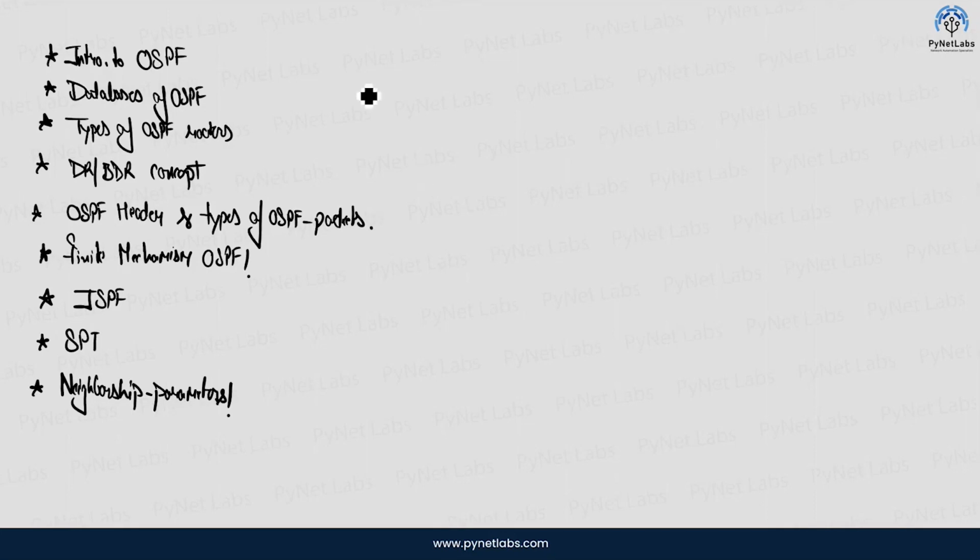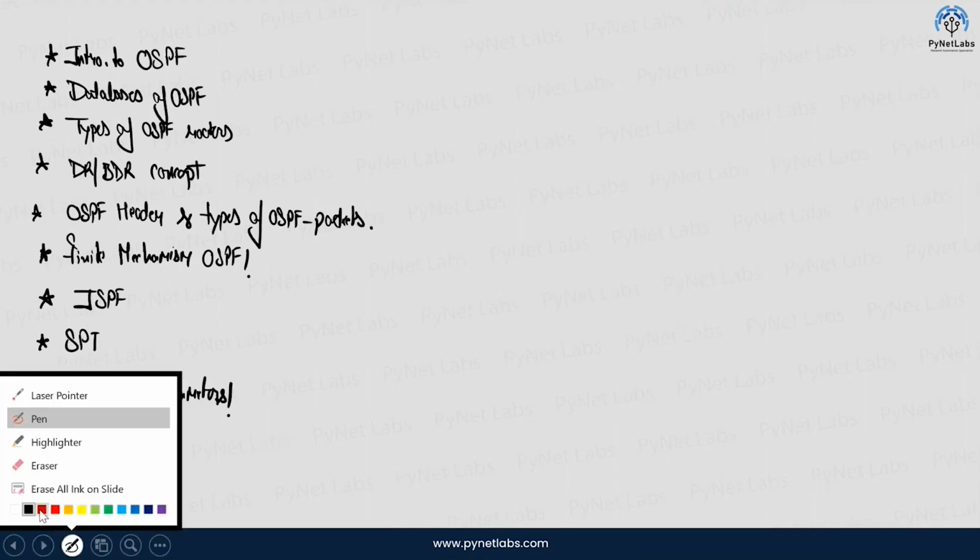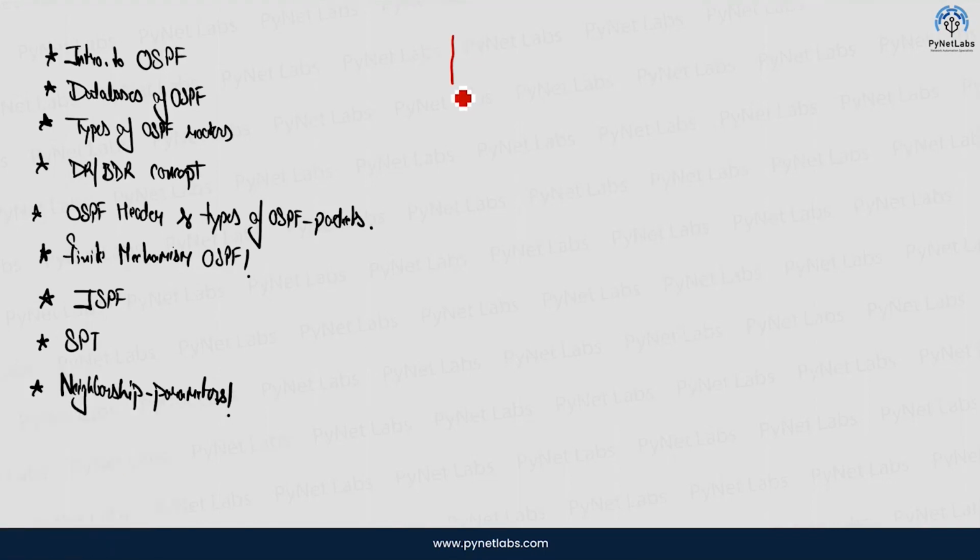Now after this part, let's quickly get started with the introduction to OSPF. But just one more thing, guys, I forgot to add here. This was the complete theoretical part which we discussed. Then after this, the next thing we are going to see is some lab implementations.